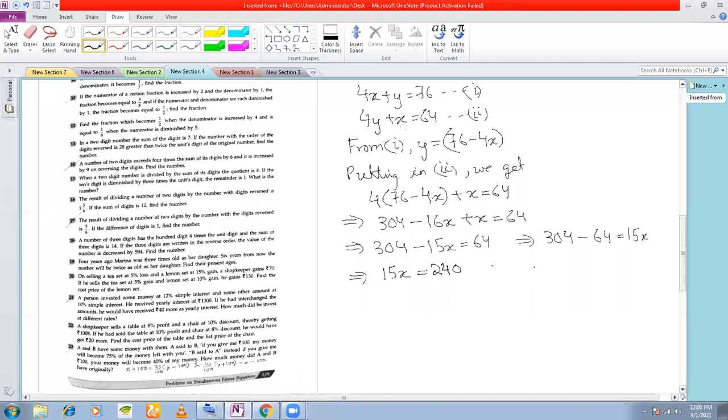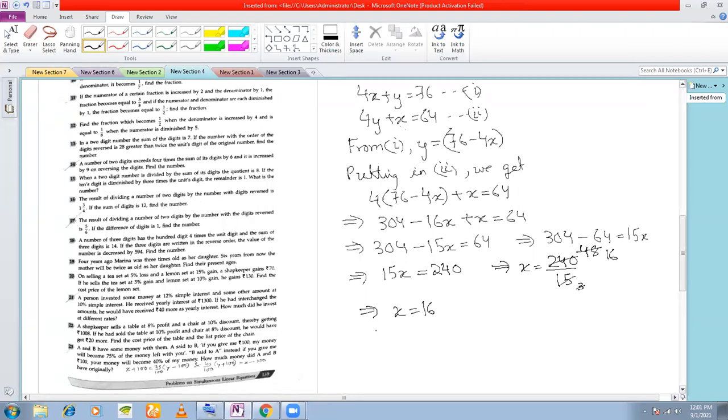That means x will be equal to 240 by 15. You can cancel with 5. Then you can cancel with 3. So you get x equal to 16.